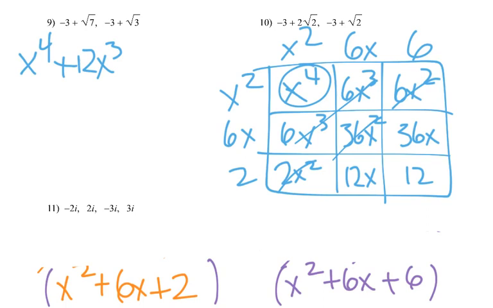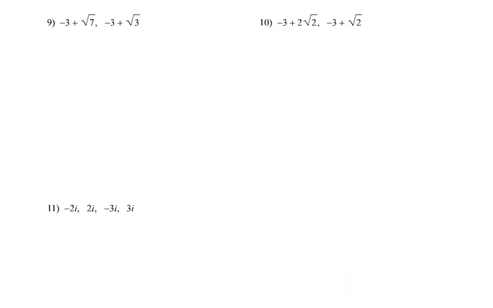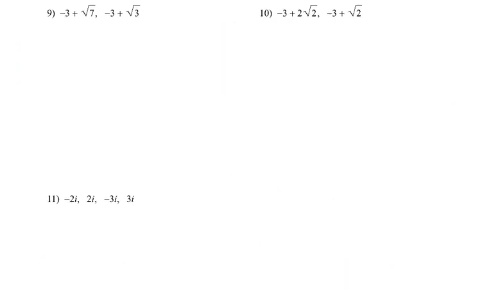So that would be 42, 44. 44x squared. And then plus 48x plus 12. And there's our answer. So still the same type of steps, it's just more complex and gives us more of a headache.